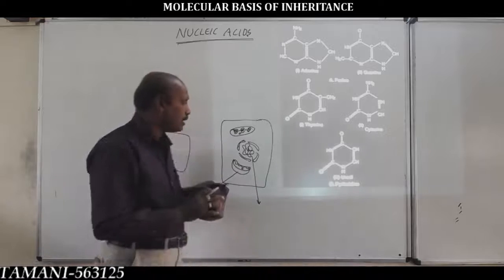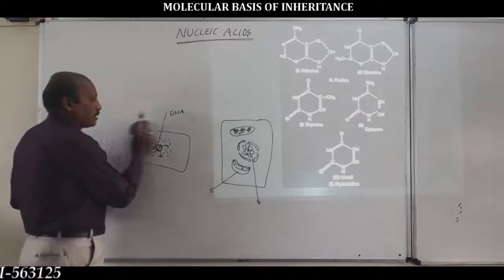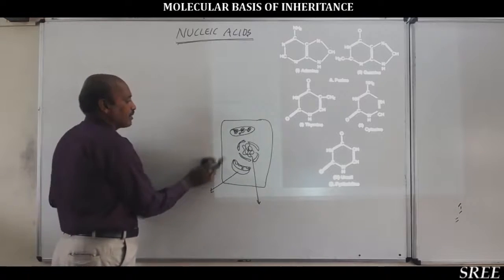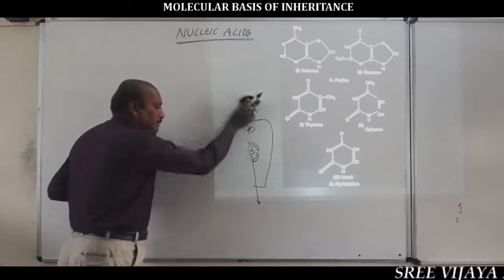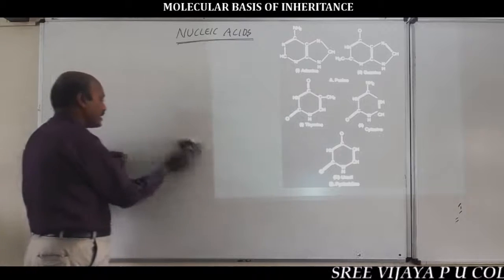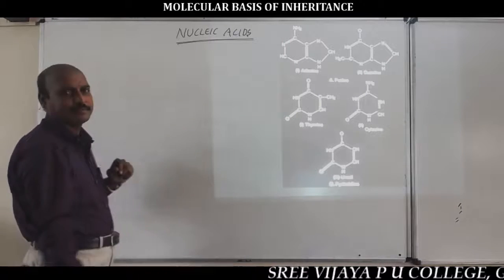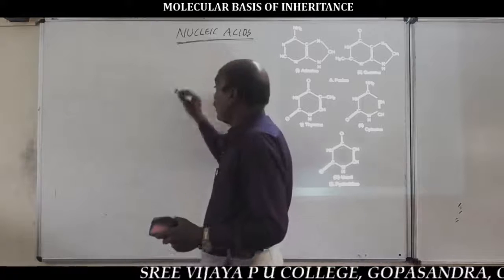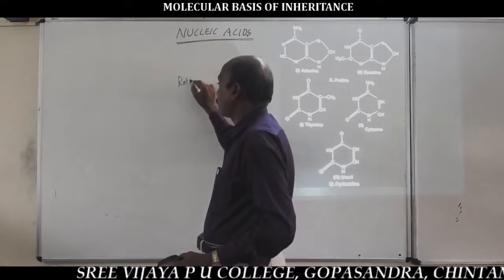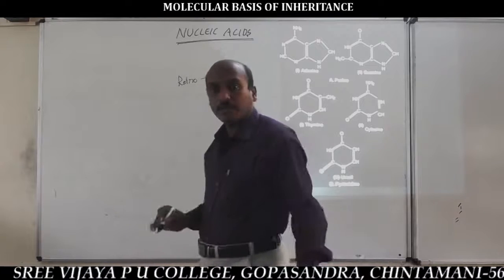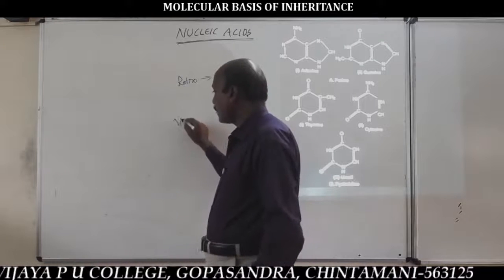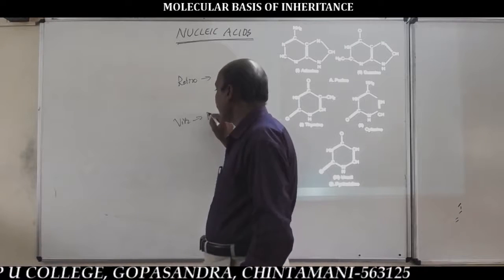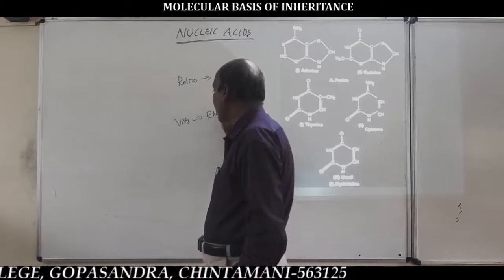So in all living organisms, except some viruses, DNA acts as the genetic material, except in retroviruses. Retroviruses are the viruses which have RNA as the genetic material.